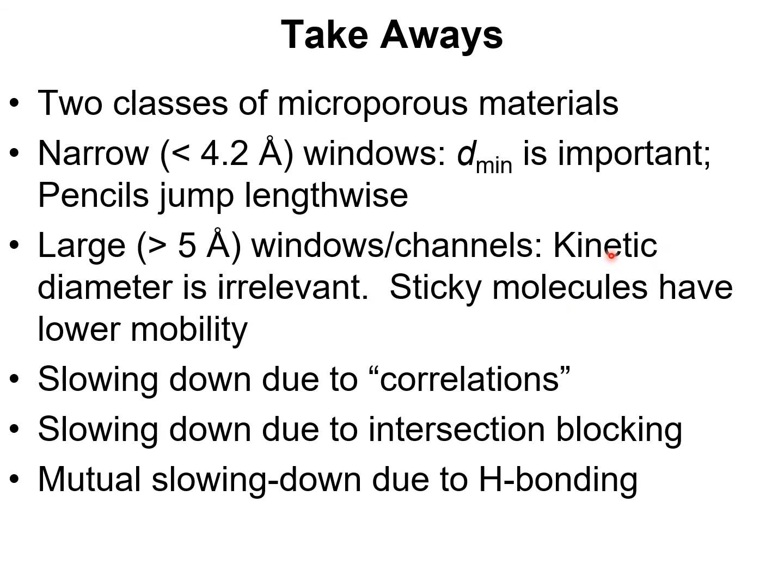Here again, we have emphasized that the concept of the kinetic diameter to correlate component permeances is irrelevant or not applicable, because the permeance in such structures is dictated by the stickiness or the binding strength of the molecule. Sticky molecules have lower mobility. This influences the permeation selectivity and the diffusion selectivity.